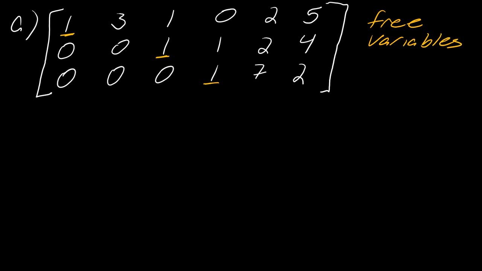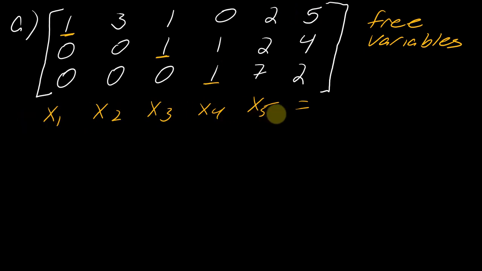Okay, so before I state what my free variables are, let's remind ourselves how to label this matrix. This column represents my x1s, the next one represents my x2s, x3, x4, x5, and then this is the equal to column. These represent the coefficients of an equation with these variables.